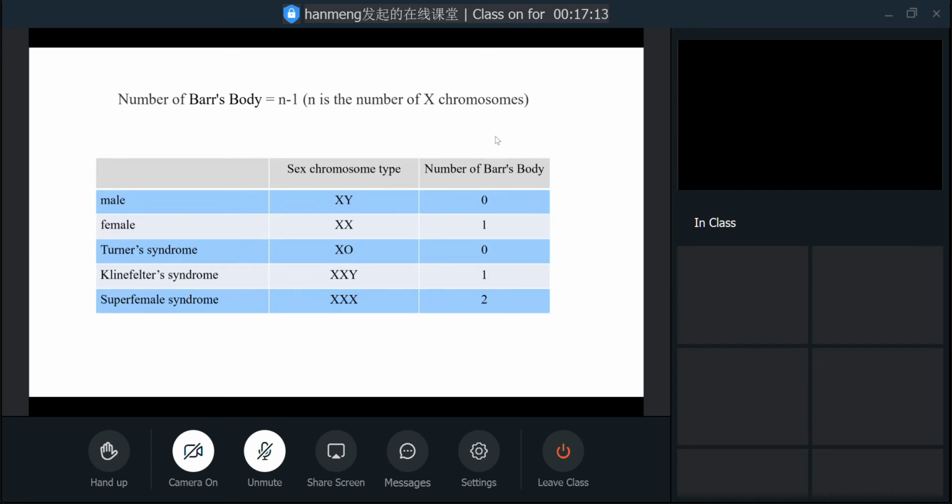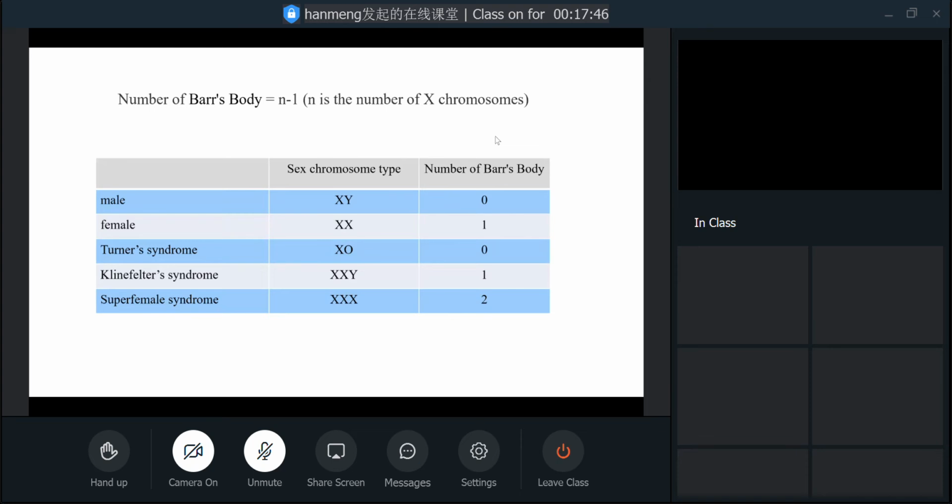And in our chromosome aberration, we know the chromosome aberration has number aberration and structure aberration. And in the number aberration, maybe a patient will have more than 1 or 2 X chromosomes.